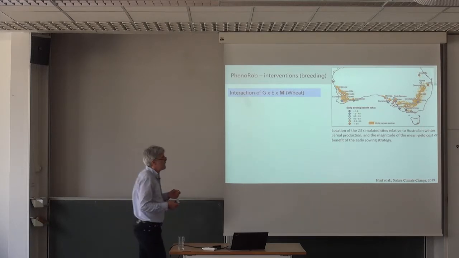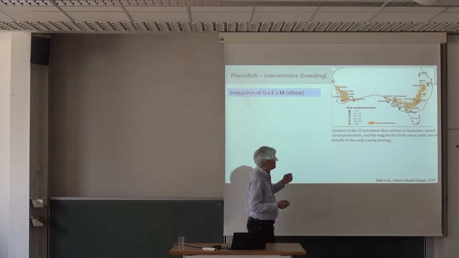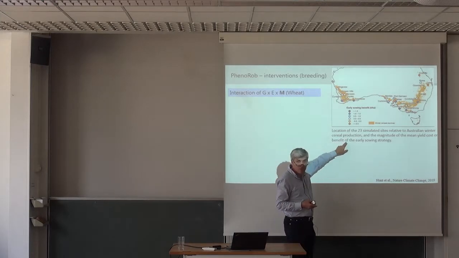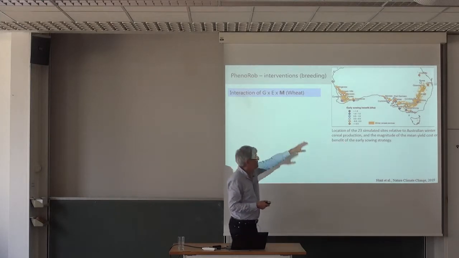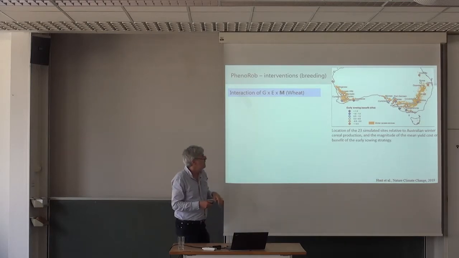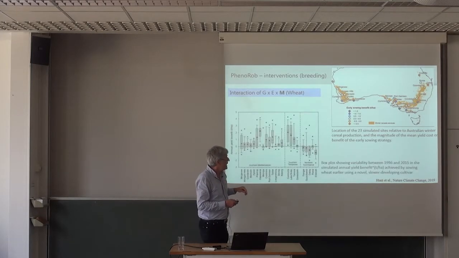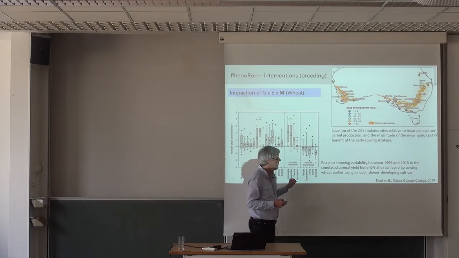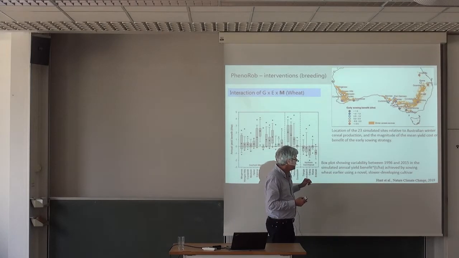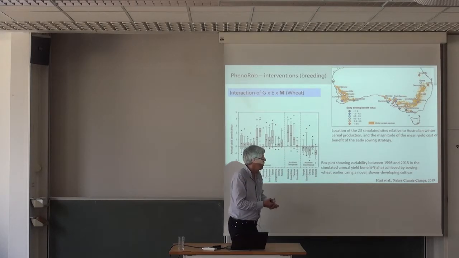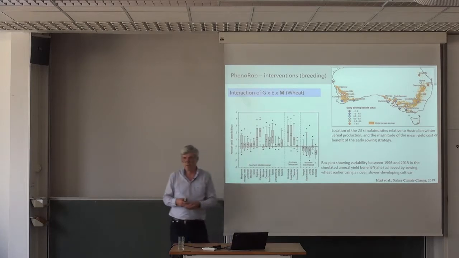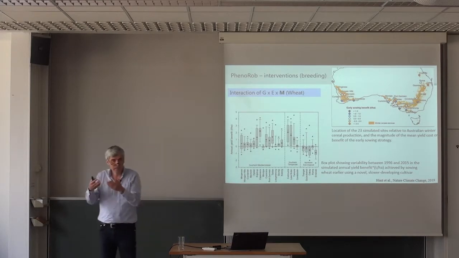And they looked at the effect of a change in the sowing strategy across different locations in the Australian wheat belt, and they combined that with the change in the earliness or lateness of the varieties. So that's a trait.